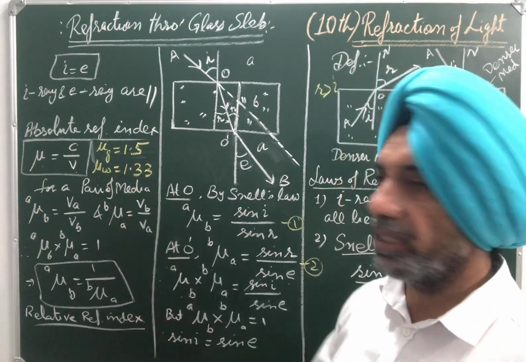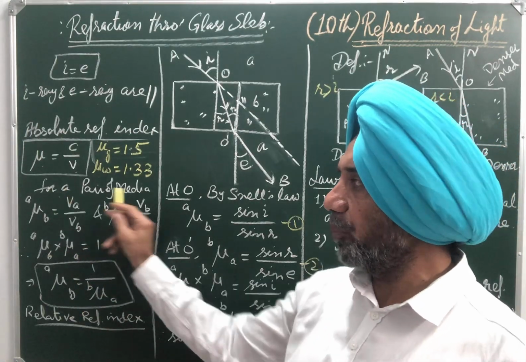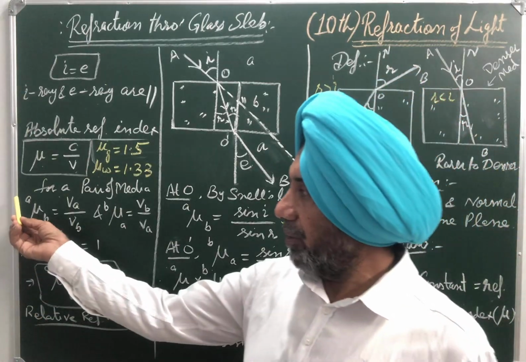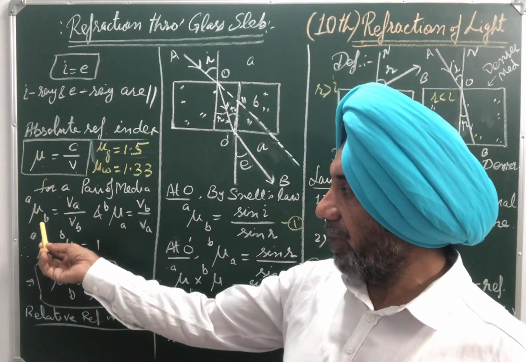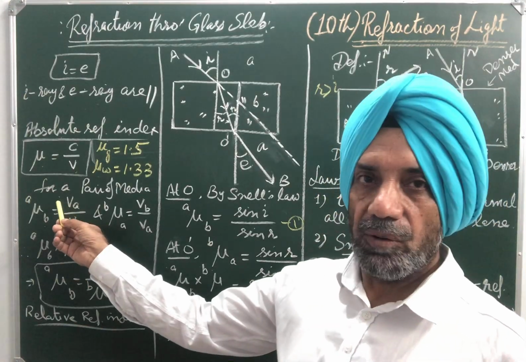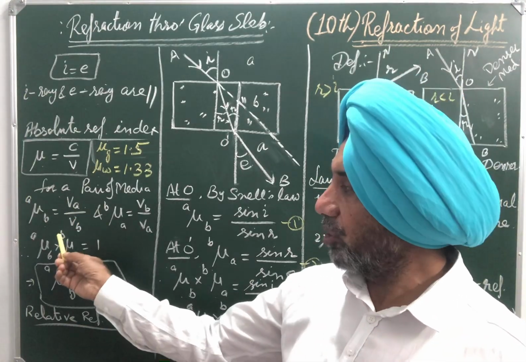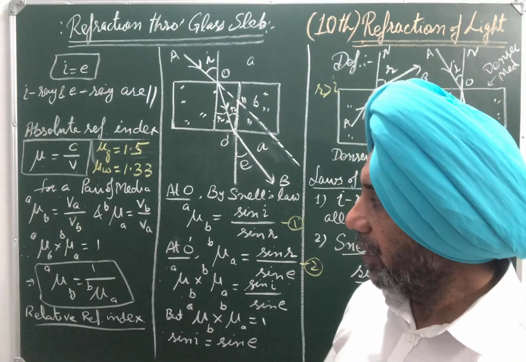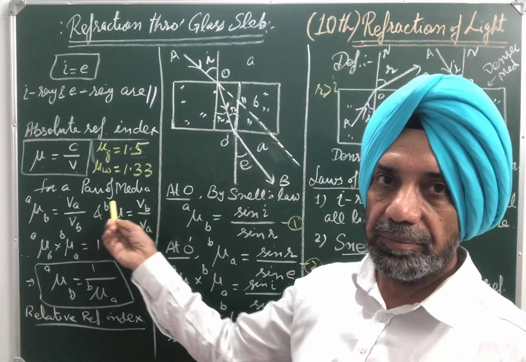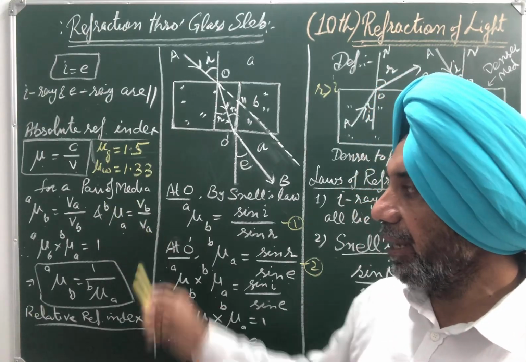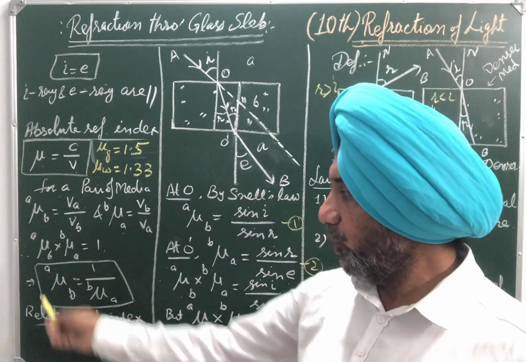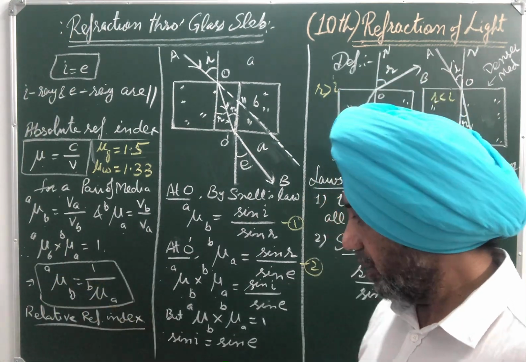For a given pair of media, mu AB, when light is traveling from medium A to medium B, that is the refractive index of medium B with respect to medium A, is defined as the ratio of the velocity of light in medium A to the velocity of light in medium B. And mu BA is the ratio of the velocity of light in medium B to the velocity of light in medium A. If you multiply these two, mu AB and mu BA is equal to 1, or mu AB is equal to 1 upon mu BA.